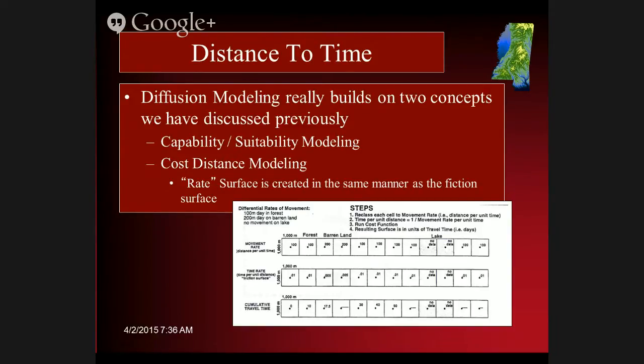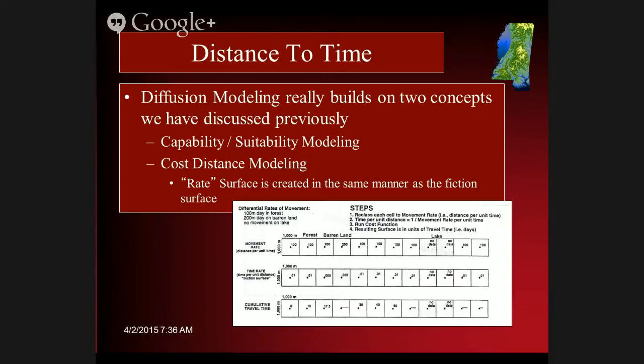So these are the steps that you could do to take that. So you reclass the movement rate. The movement rate would be the cost. The 100, 100, 200, 200. Okay, that would be the distance that they could travel through the cell.